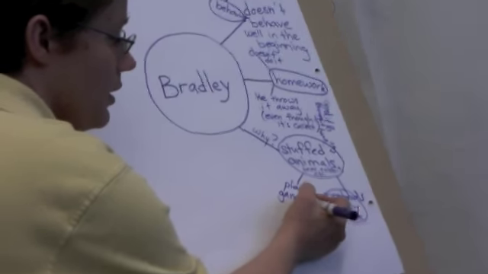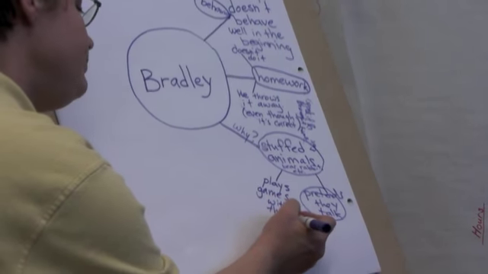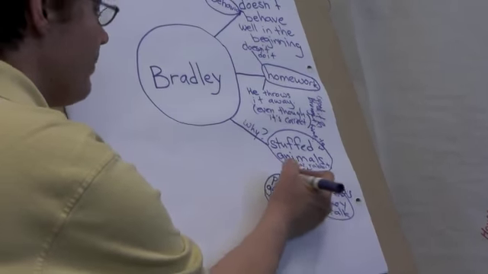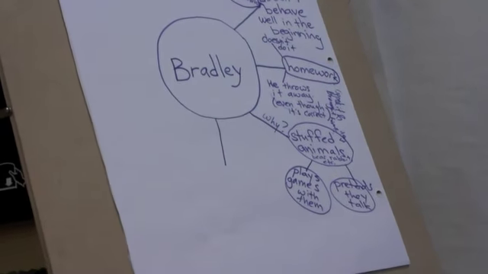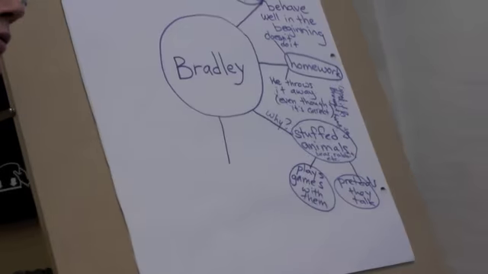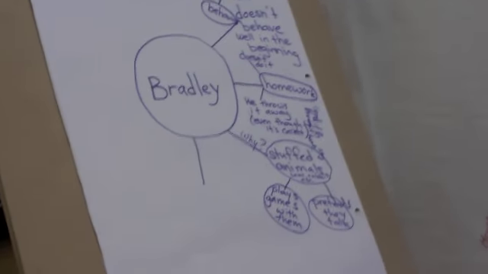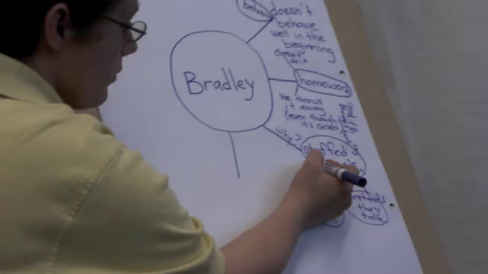Because he doesn't have any friends, so he plays with his stuffed animals instead. And the stuffed animals usually don't get in many fights with each other, so he has good friends.